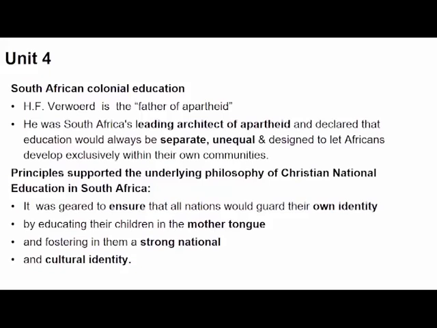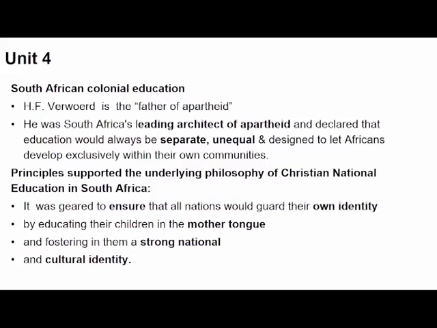Unit 4 deals with colonialism in Namibia and specifically what the effects were on the Namibian people regarding education. When we look at the South African colonial education, a name that stands out is H.F. Verwoerd, who was the father of apartheid.